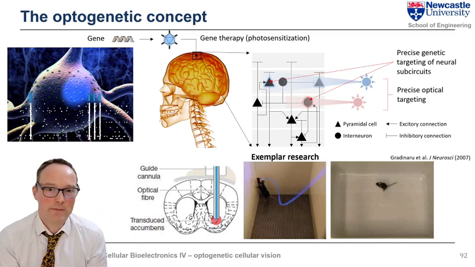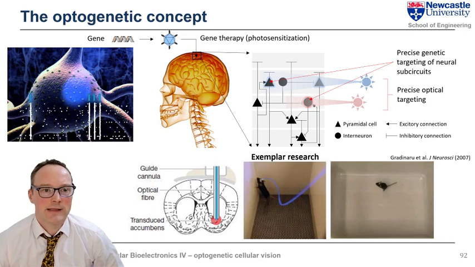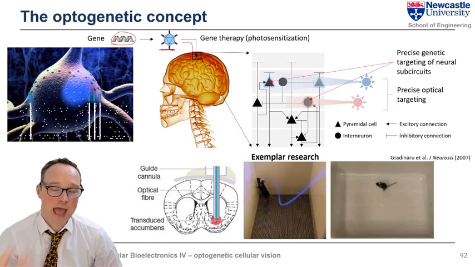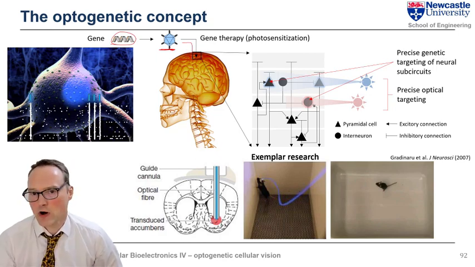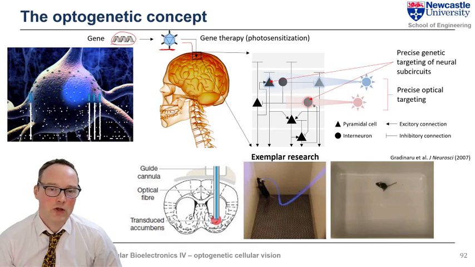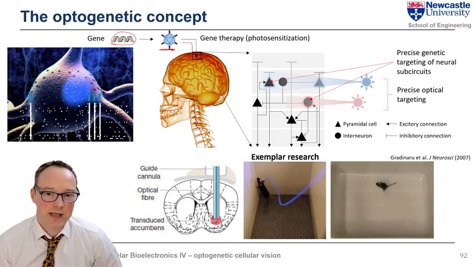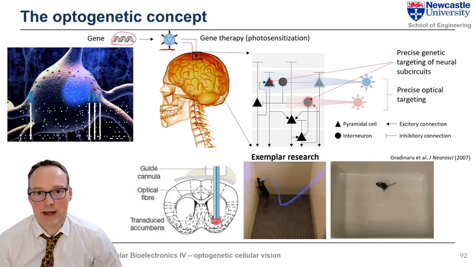The concept of optogenetics is that you take a gene, you insert it in some kind of vector, a method for delivery, and you insert this into the brain and you make nerve cells, which aren't meant to be light sensitive, light sensitive. You engender light sensitivity in those cells so that they can be activated by light.